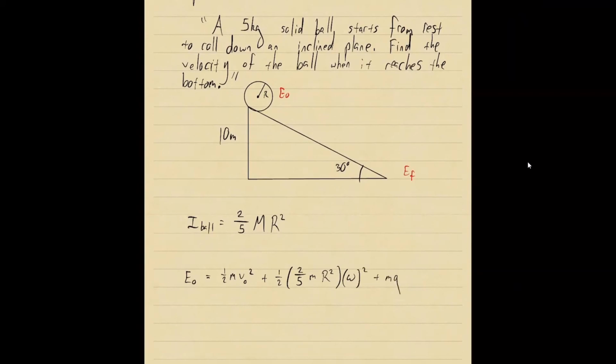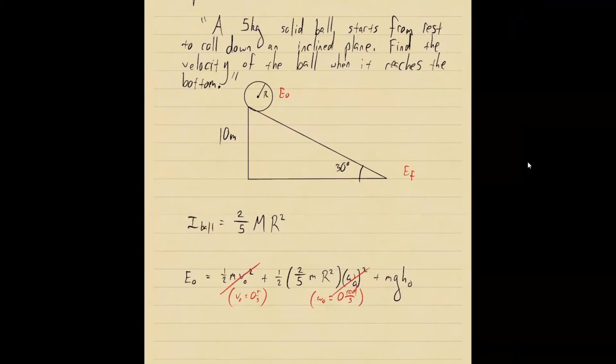And then we have mgh naught, our last term, which is our gravitational potential energy. But the thing is, our ball starts from rest. It's initially not moving. And if it's not moving, it's not rotating. So this is also 0.